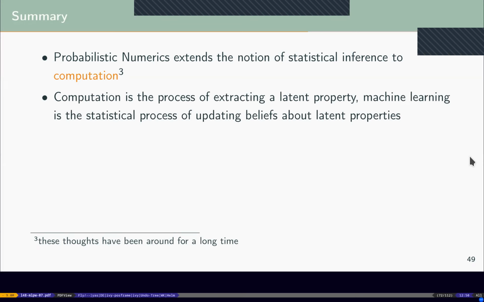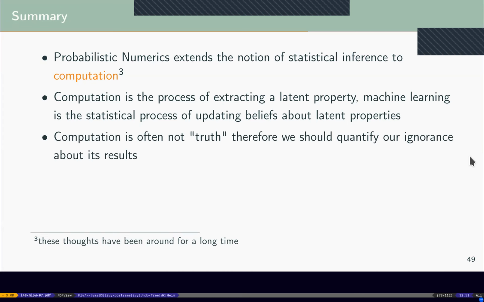Computation is just the process of extracting a latent property. Machine learning is a statistical process of updating belief about latent properties. So therefore, we think about numerical algorithms in the same sense. It gives us all the power of interpretability that comes from machine learning, and it gives us this notion of a decision support that can feed forward.